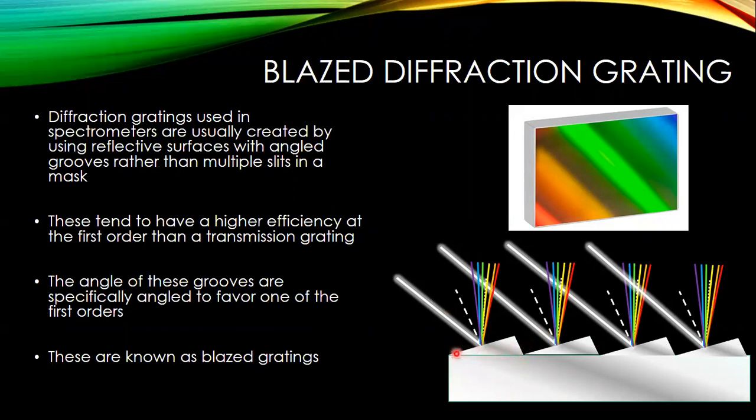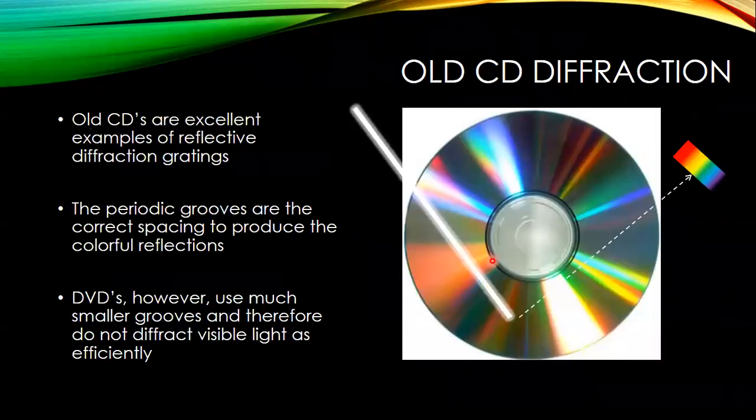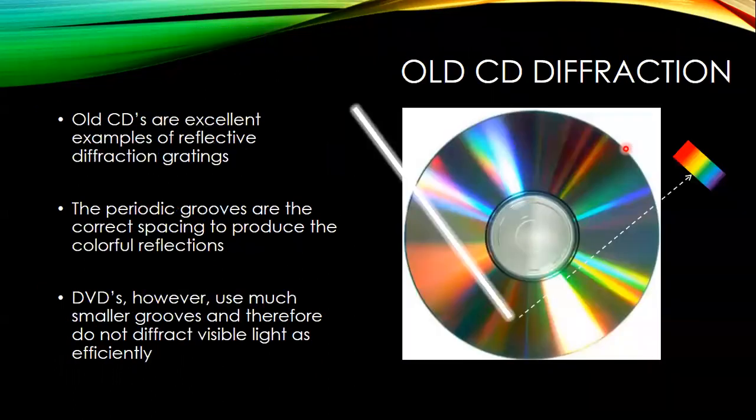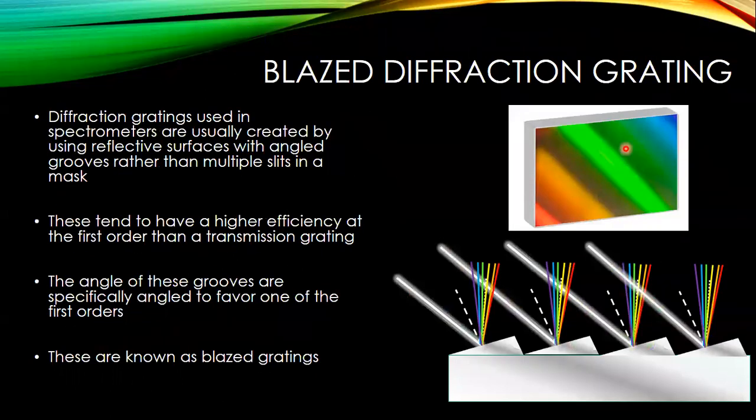But the best way to do it would be to actually angle the surface such that, let's say, the first order is most strongly reflected. Again, if I don't have any preference right here, most of my energy is actually going to be diffracted at the 0th order. We'll have less energy at the first order and even less energy at the second order. But if I bias this a little bit, we call this a blazed grating.